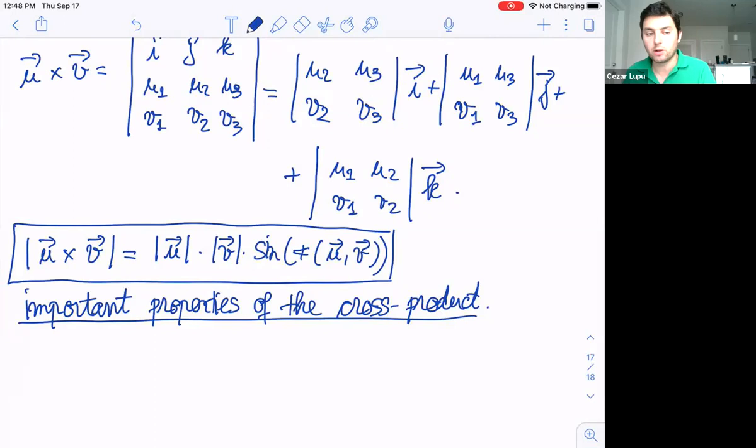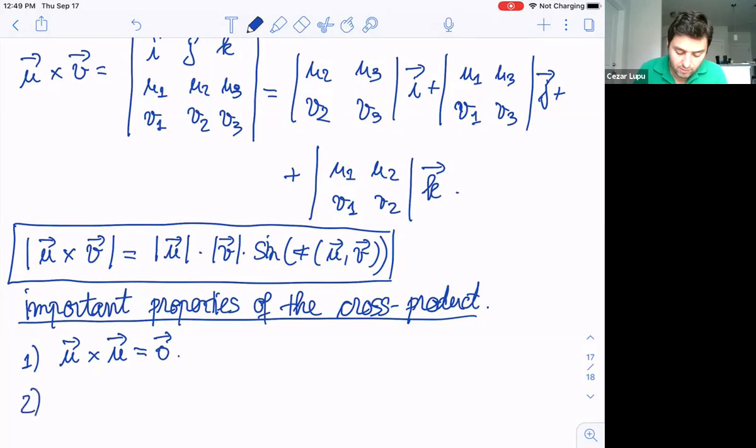You know that U dot V is the same as V dot U. Well, not in this case. But also, when you dot U with U, you remember it's always non-negative. Here, when you cross U with U, guess what? You'll get a zero vector. When you dot U with U, you'll get a scalar, but it will be something non-negative. Here it's a vector and it's actually zero.